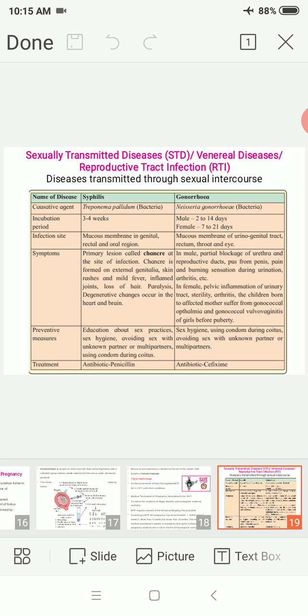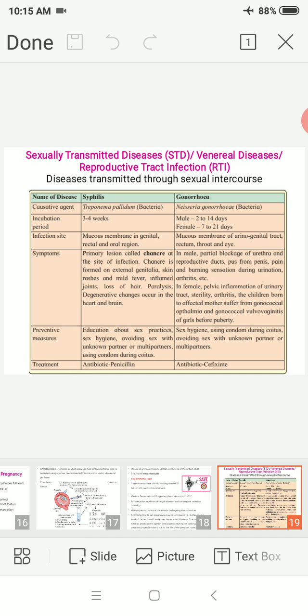Infection site: mucous membrane of the genital, rectal, and oral regions, that is, the mucous membrane of the urinogenital tract, rectum, throat, and eyes.